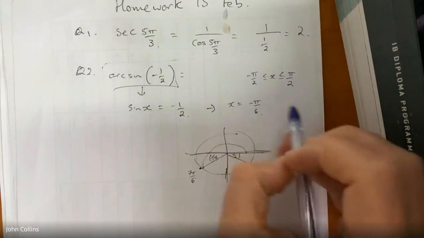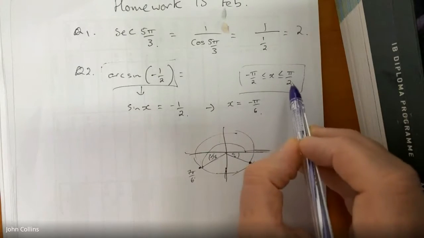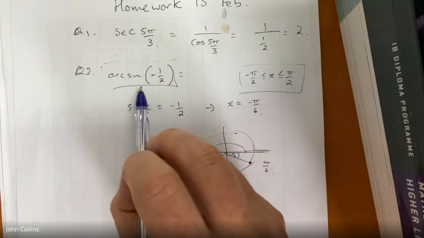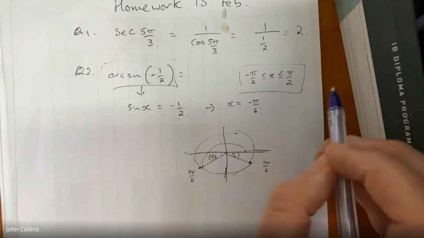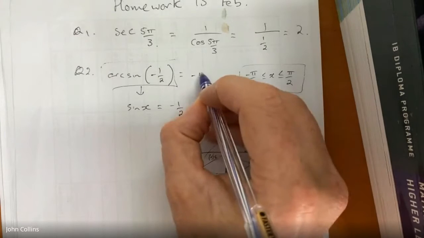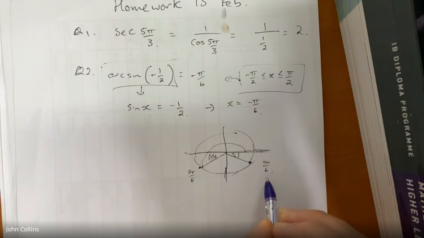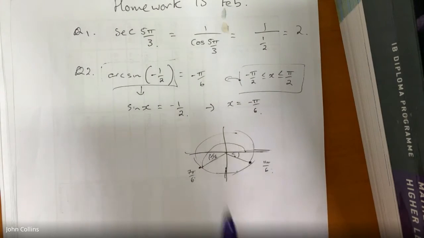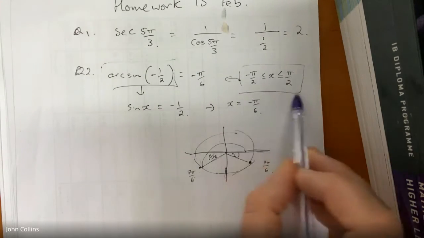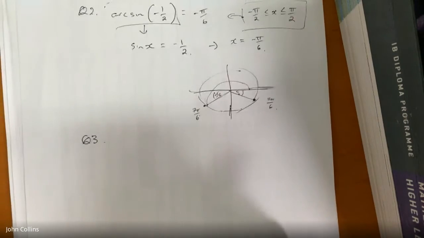So that's where the angle has to lie in order for it to have an inverse, remember? And therefore, that is why it's minus pi over 6, and that's why it's not 11 pi over 6. Because when we deal with arc sine, it has to be within this range, yeah. Hopefully that made sense.